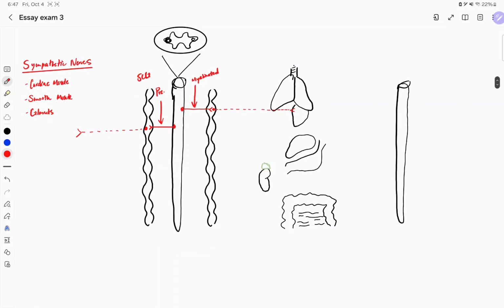Now, in the sympathetic nervous system, we have our sympathetic nerves. We also have splanchnic nerves. And the splanchnic nerves are a little bit different because we're going to add here another ganglion that's further from the vertebral column, but this is going to be called a collateral ganglion.